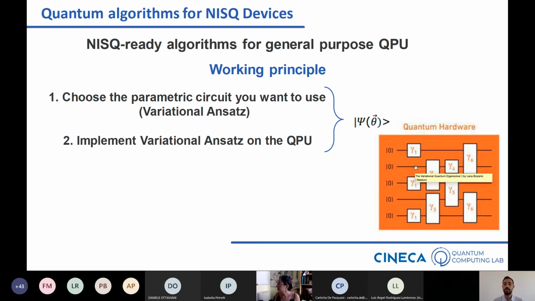This is called a variational ansatz. Ansatz means the initial choice of your circuit. This will define the state associated with your qubits, which is going to depend on a set of parameters that are, in this picture here, the gammas.